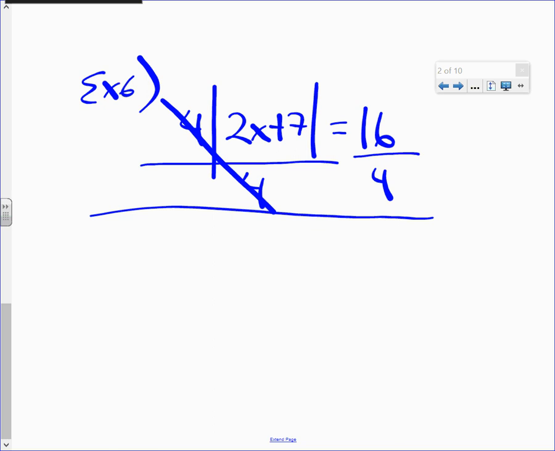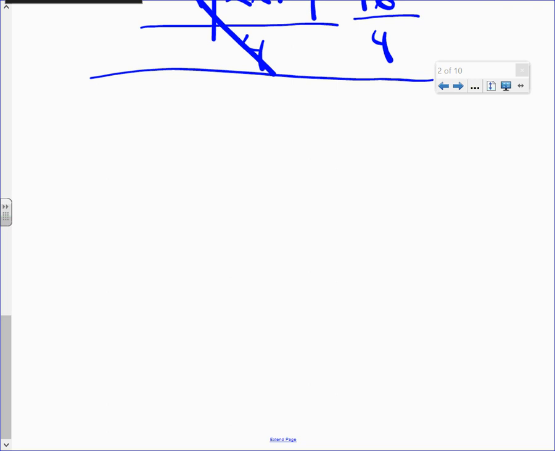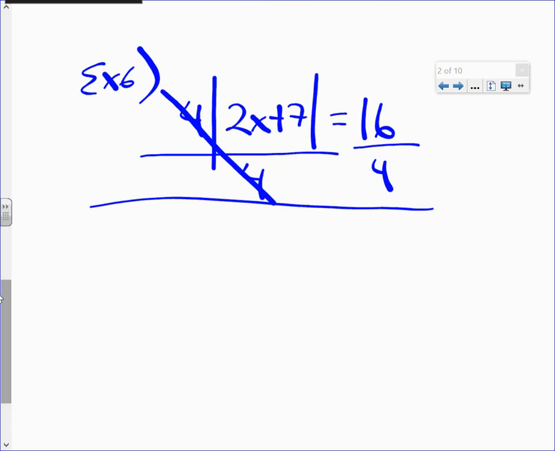So absolute value 2x plus 7 is equal to 4. Now we're going to split that puppy up.